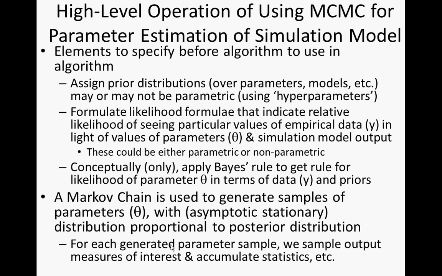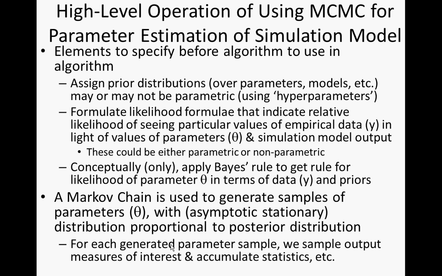Now, during model operation, a Markov chain is used to generate samples of parameters successively from this posterior. So we're going to be generating samples in a fashion that is essentially drawing from the underlying parameter distribution in a way that's proportional to the underlying posterior distribution.